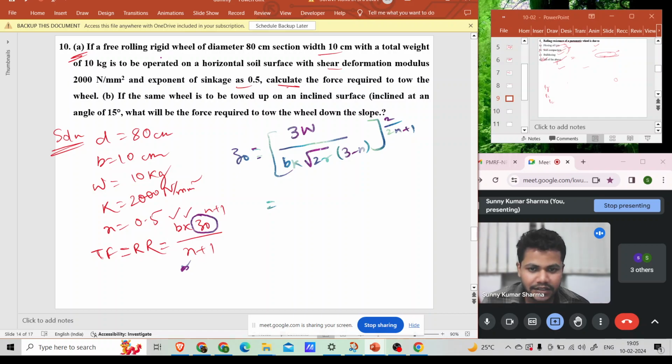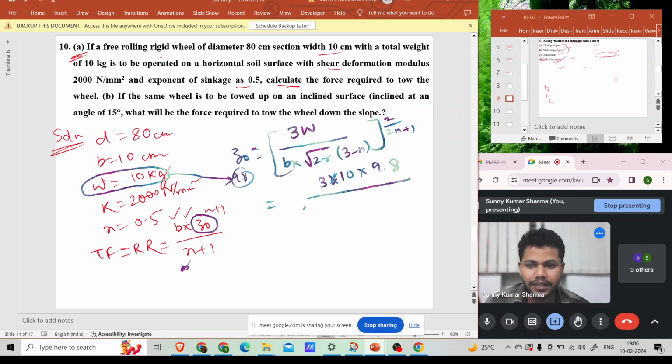Gaurav is on the bus, I think, and Sivaraman, you calculate this. What Z0 do you get? 3 into W, where W is the weight coming on it. The weight is given in kg, so first you convert it to weight by multiplying with 9.8. 3 into W is 10 into 9.8.